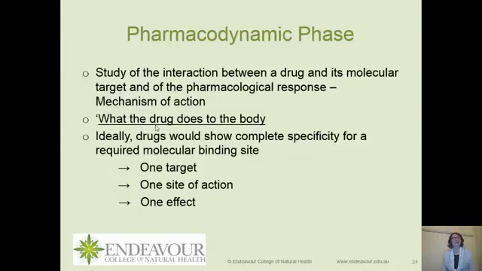This one target, one site of action, one effect ideology. What is more realistic is that you can get a selective action. There may be certain categories to your target, and it may show selective actions at only a few of those categories of the main target.